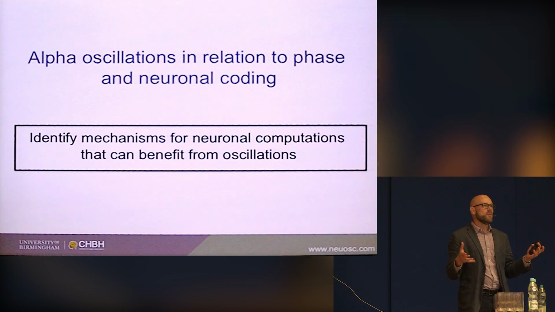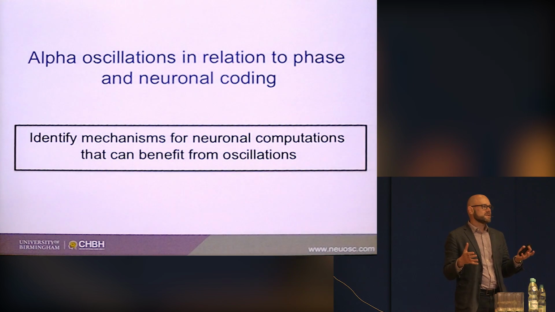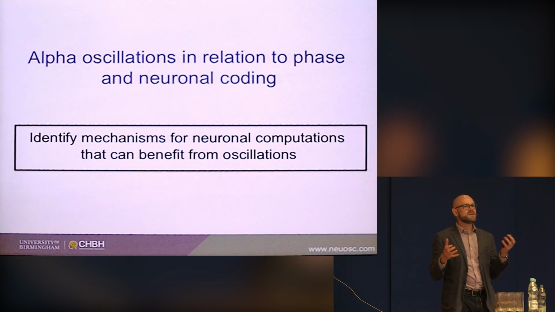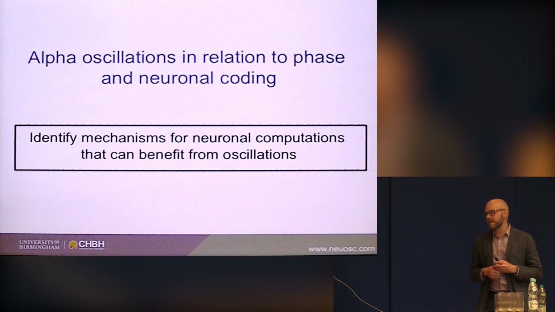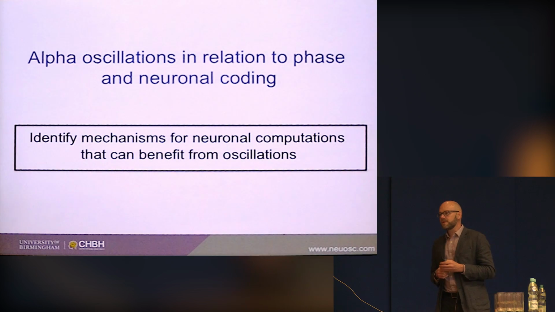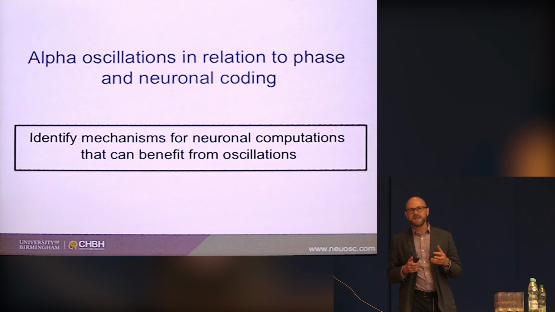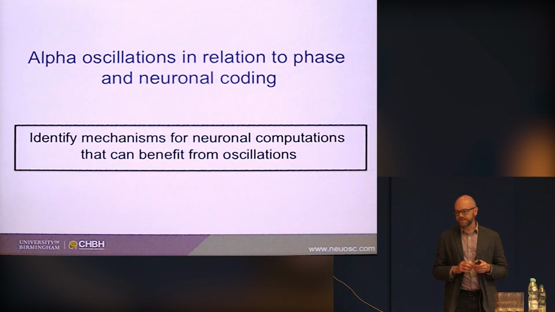Of course, if you are interested in oscillations, you need to embrace what these oscillations are doing in a phasic sense. Otherwise, it just doesn't make sense to have this interest in oscillations. And what we are really trying to do is to identify the mechanisms that these oscillations might be involved in implementing in terms of coordinating neuronal activity.